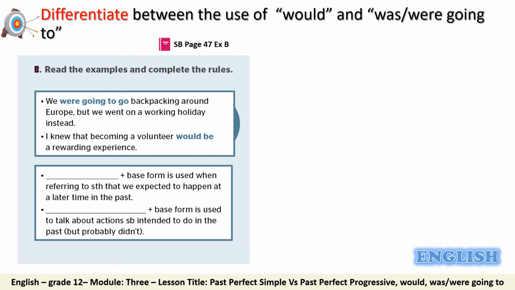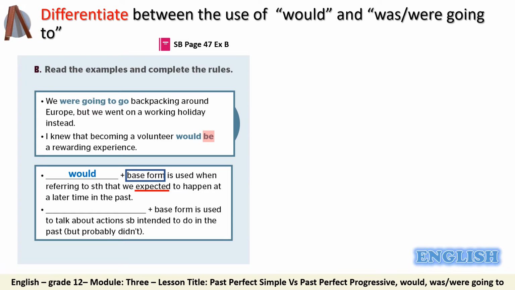So for the first space, we should write would, which is always followed by the base form of the verb. And would, in this example, is used to show that we expected something to happen at a later time in the past.